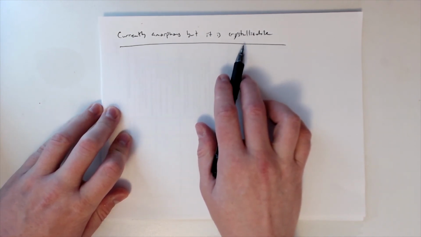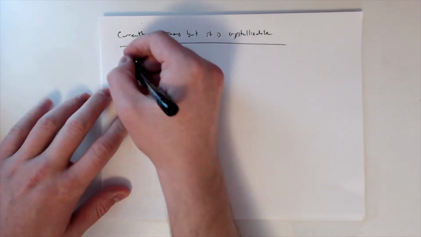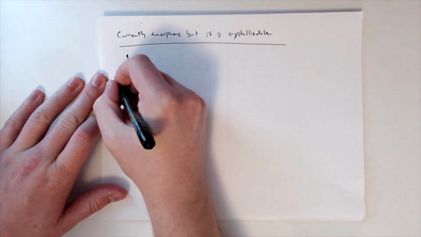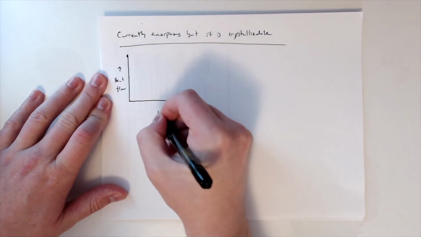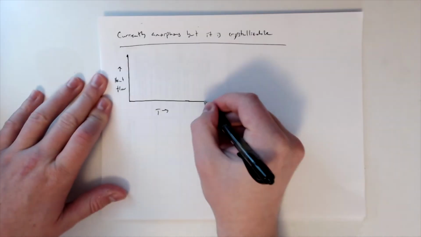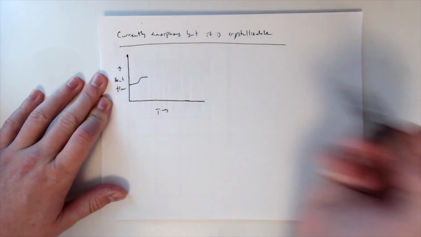So let's imagine we have that polymer, currently amorphous, but not yet crystallized. So if we look at the same kind of heat flow versus temperature, which is our standard curve. So it's amorphous, so it's going to have a Tg, right?